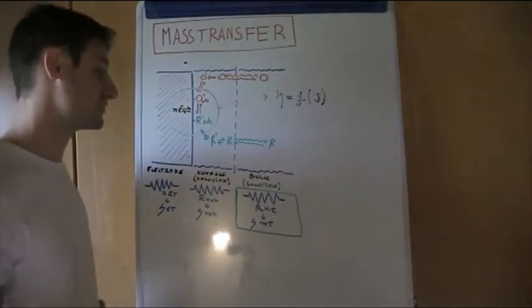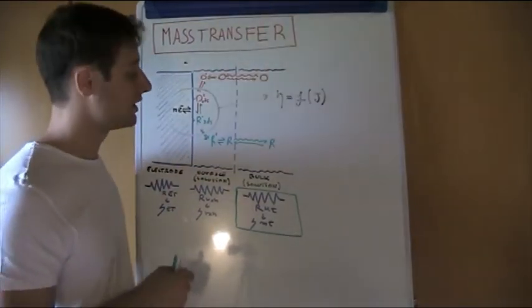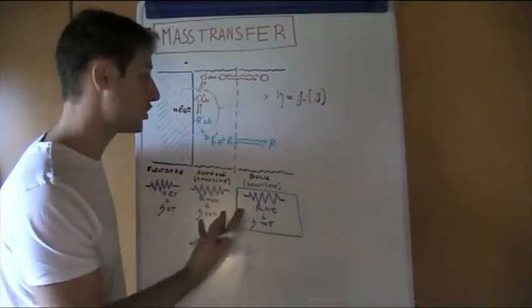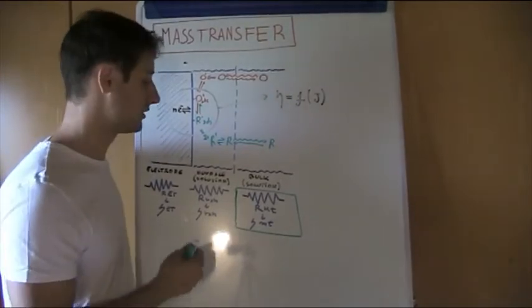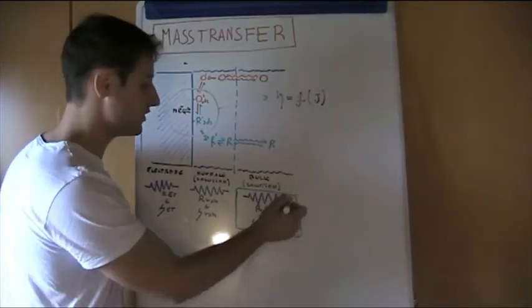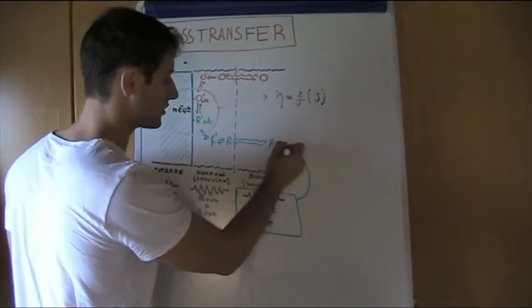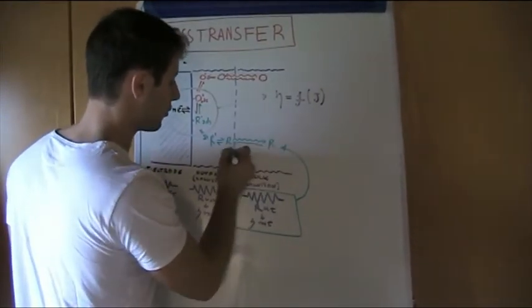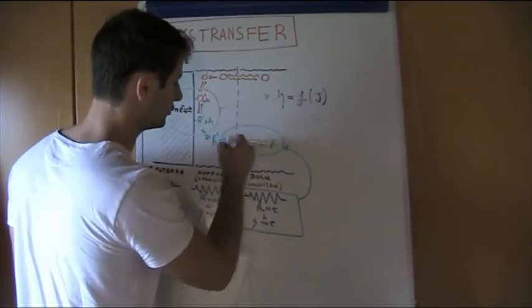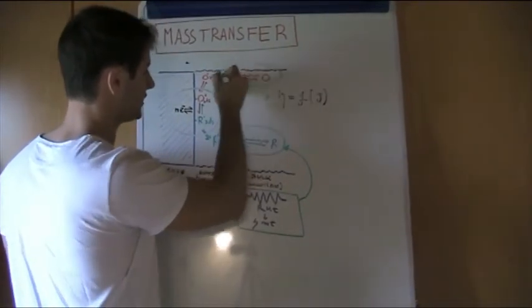And so the mass transfer represents the phenomenon inducing loss in energy associated with the migration, diffusion, or in general the movement of one species from the bulk to the surface, for instance here and here.